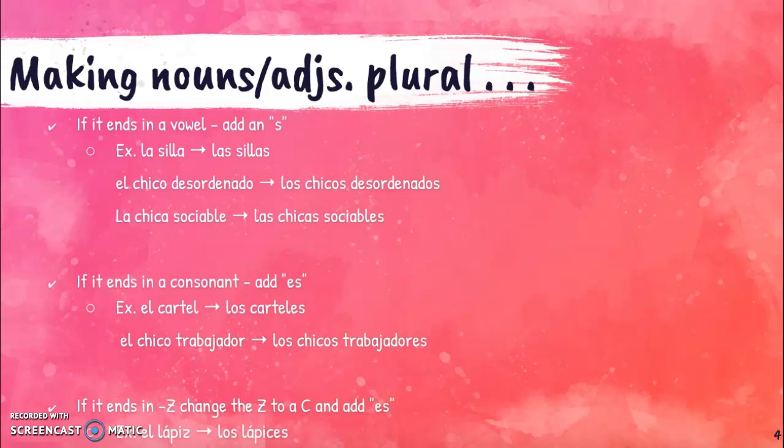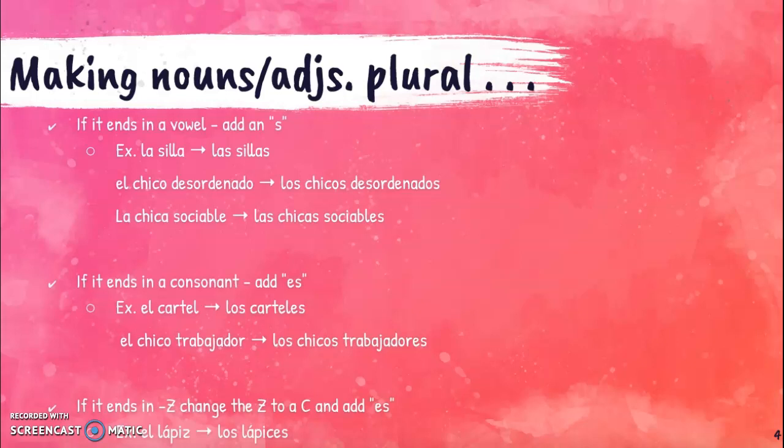Our last vowel example is la chica sociable. Again, this has a noun and an adjective. Looking at our noun, la chica, or the girl, chica ends in an A, which is a vowel. So all we need to do to make it plural is add an S to the end.